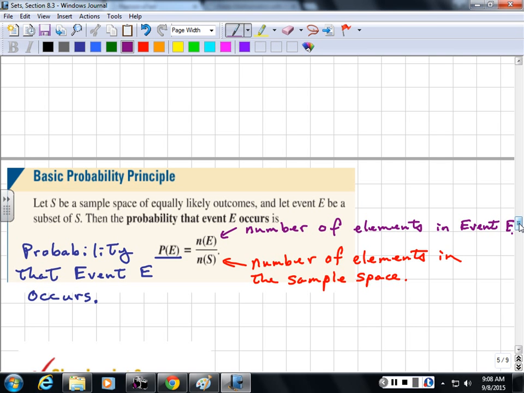Let's look at an example that goes with this. And I'm going to go back to the fair six-sided die. The sample space for a fair six-sided die is equal to this.